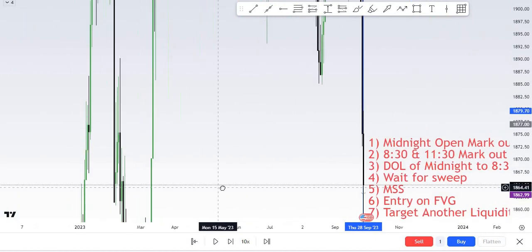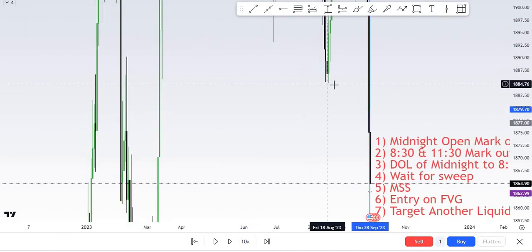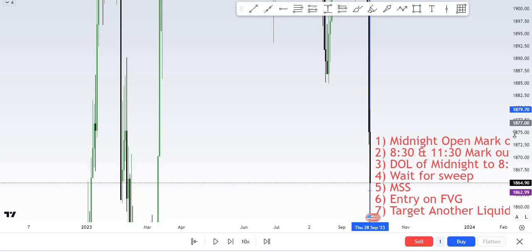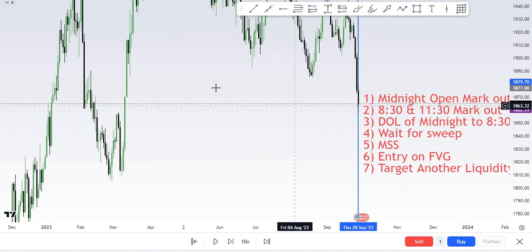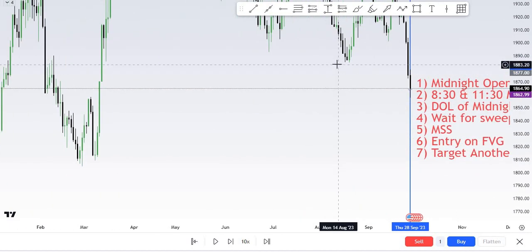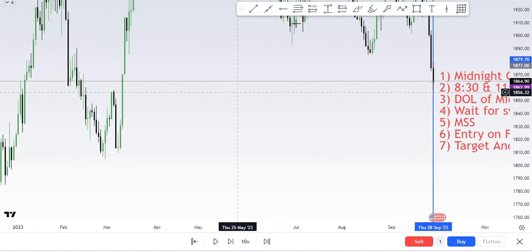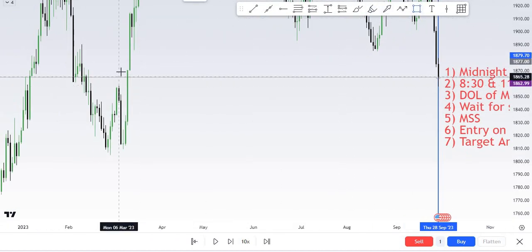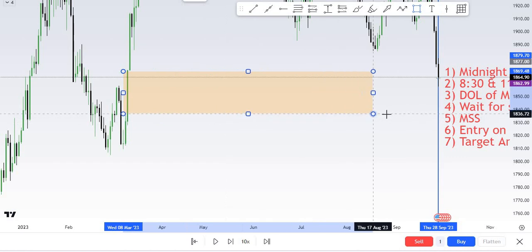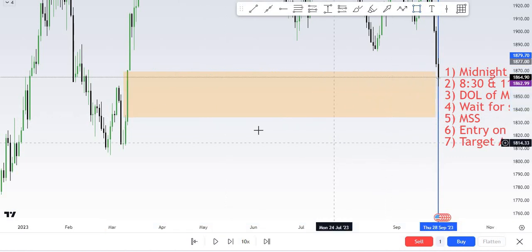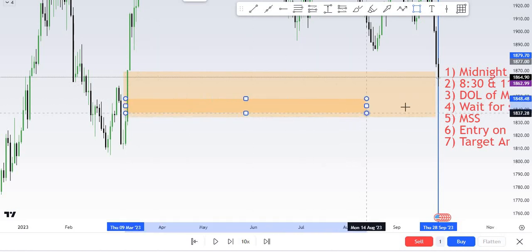As I see, the previous day the market took out this very recent structure, this one, and closed below it. So I am anticipating that price will go to this daily fair value gap, and then I moved to the 4-hour time frame, and I found another fair value gap somewhere here.